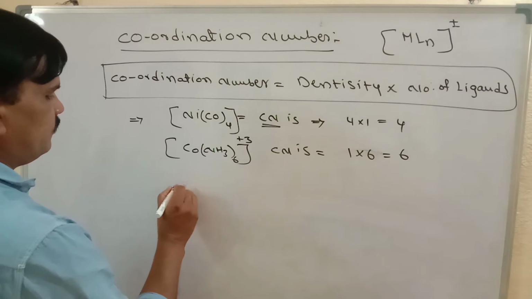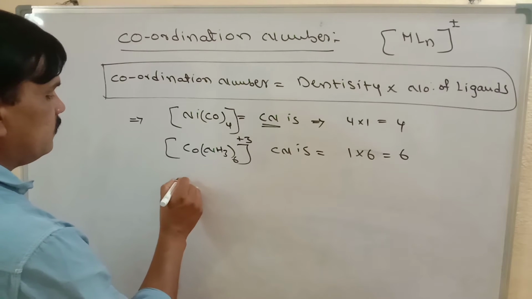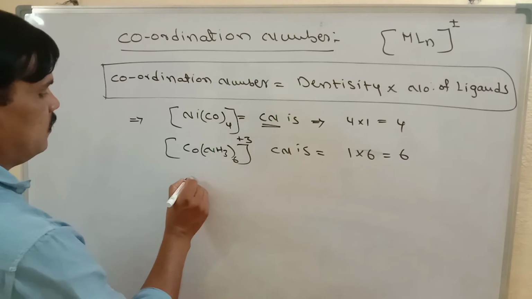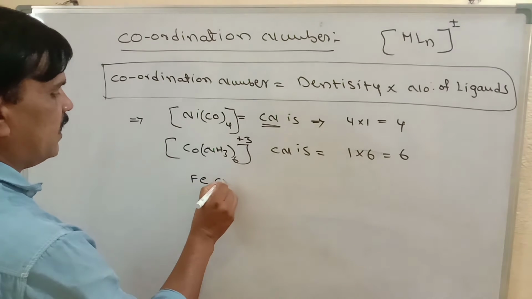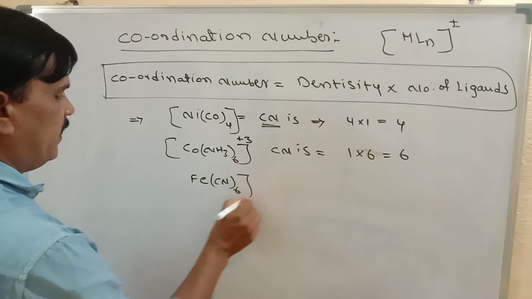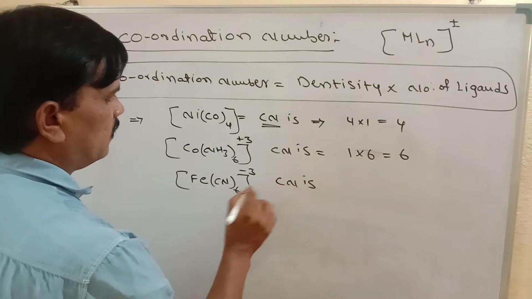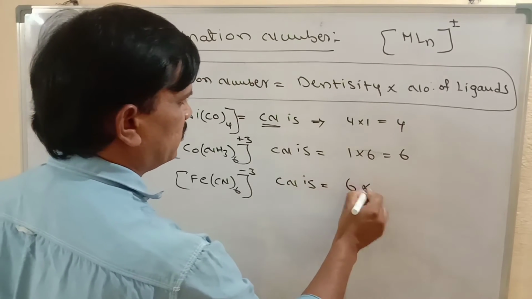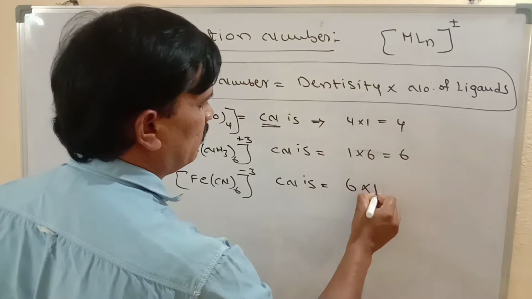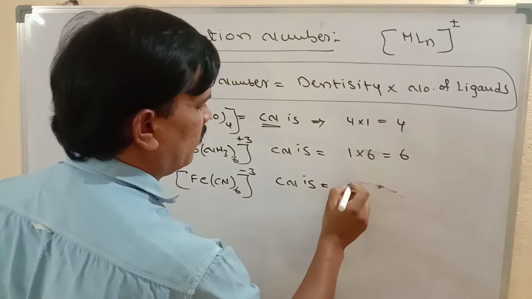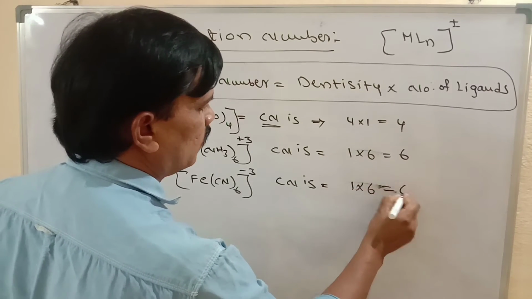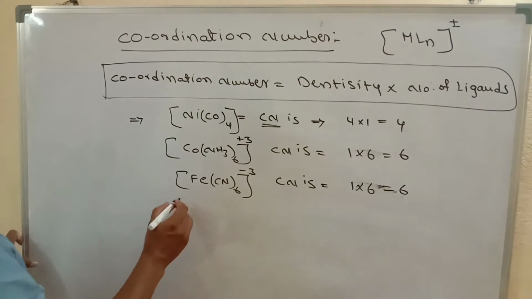For example, Fe(CN)6 3-. The number of ligands is 6, denticity is 1, so its coordination number is 6.